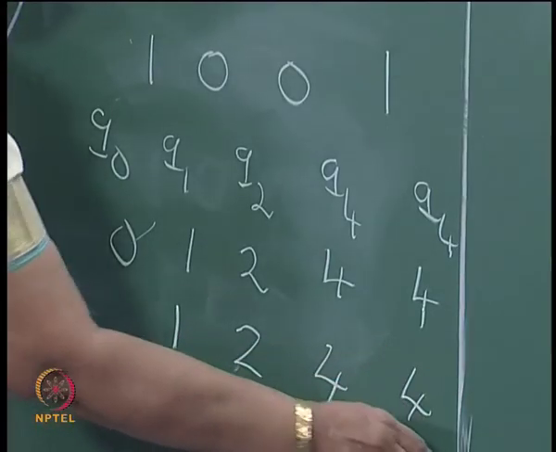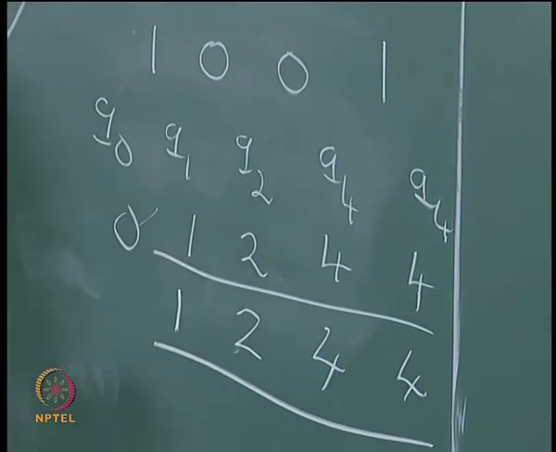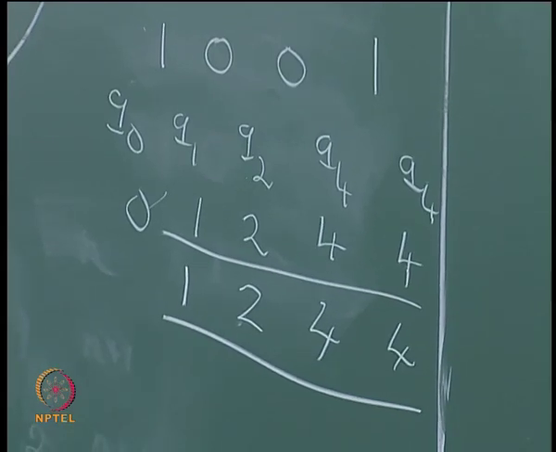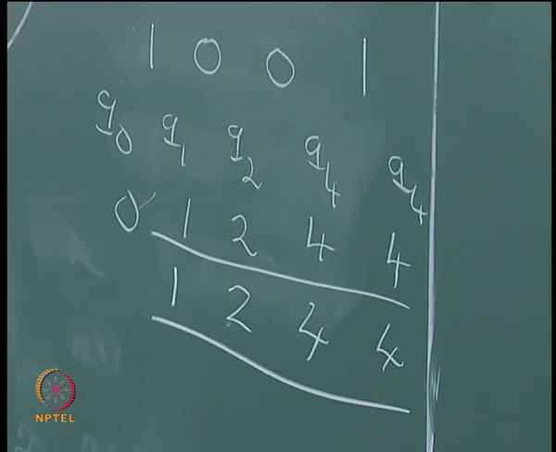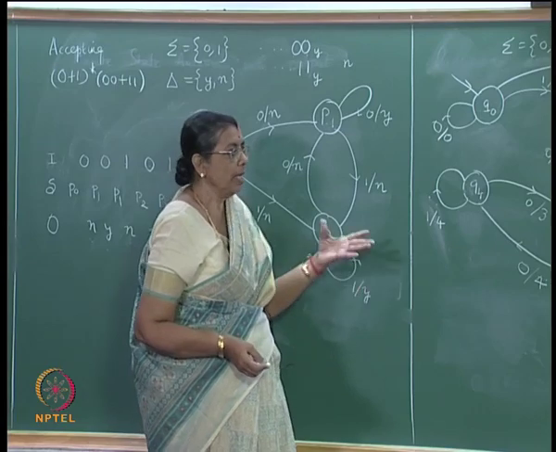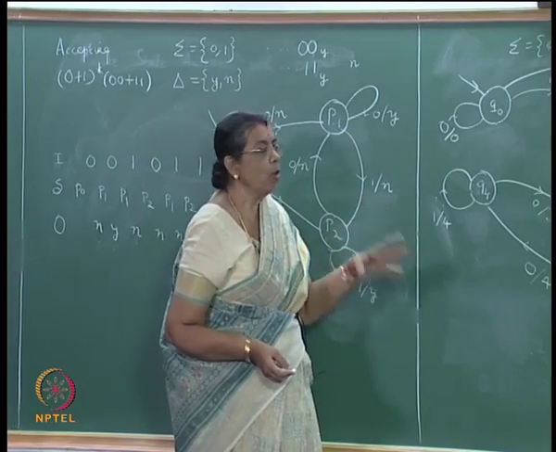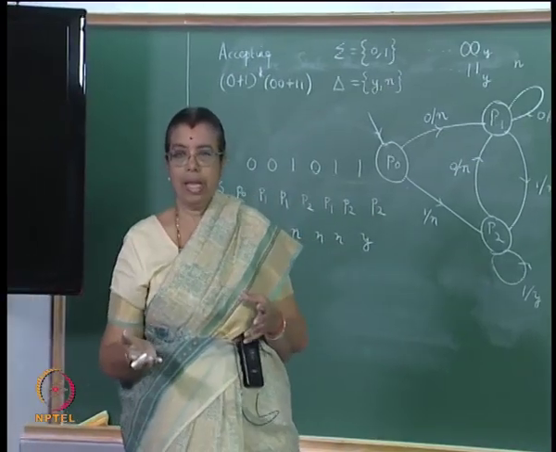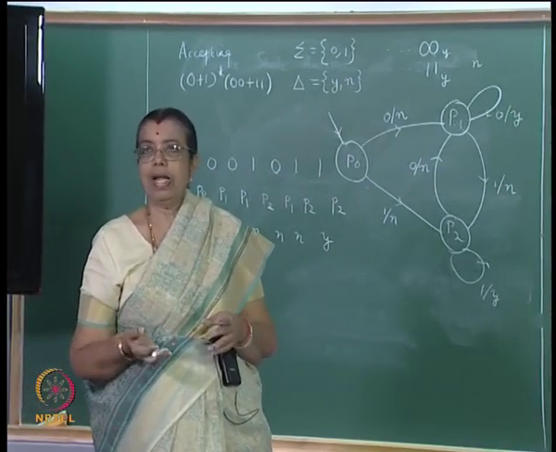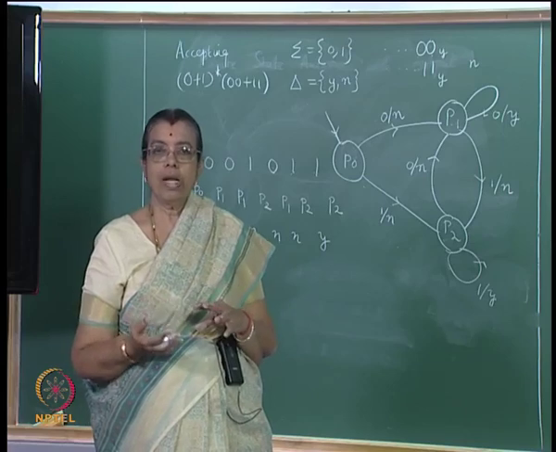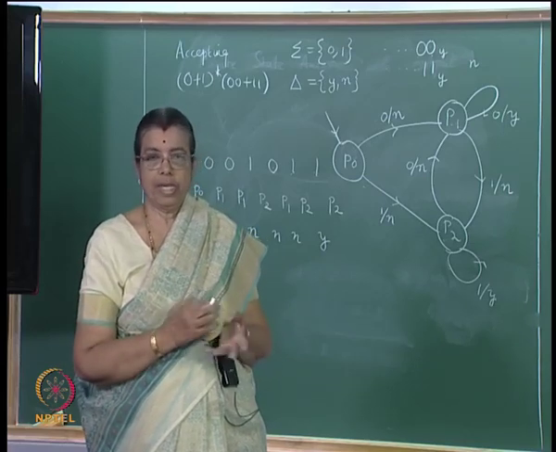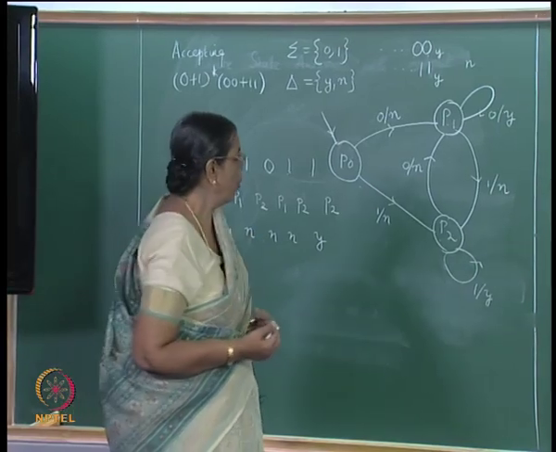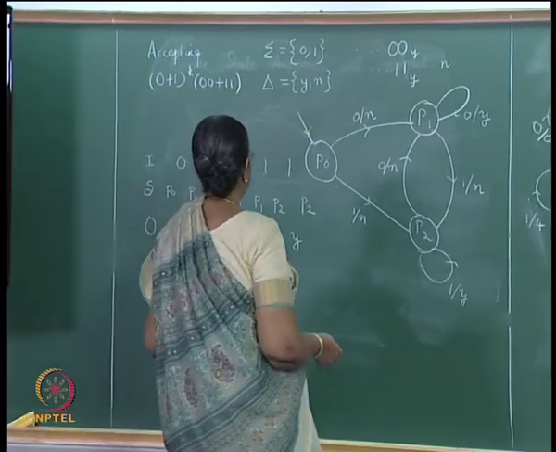You get the same output, ignoring the first output in the case of a Moore machine. So, you can see that given a Moore machine, you can very easily convert that into a Mealy machine. Similarly, we can also convert a Mealy machine into a Moore machine, but it is slightly more involved than this.